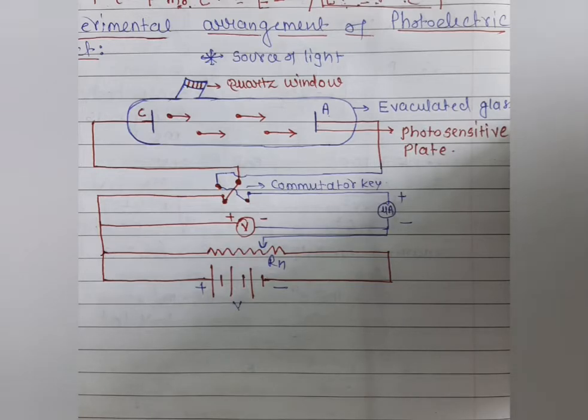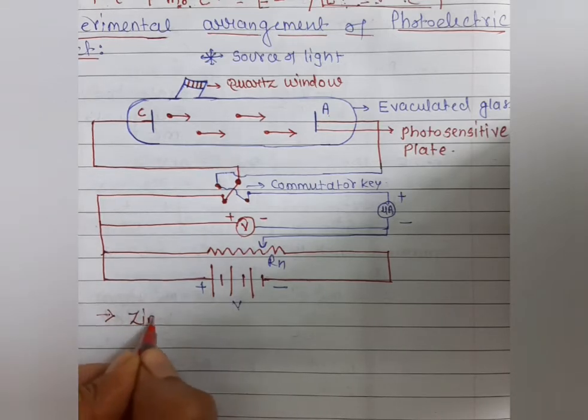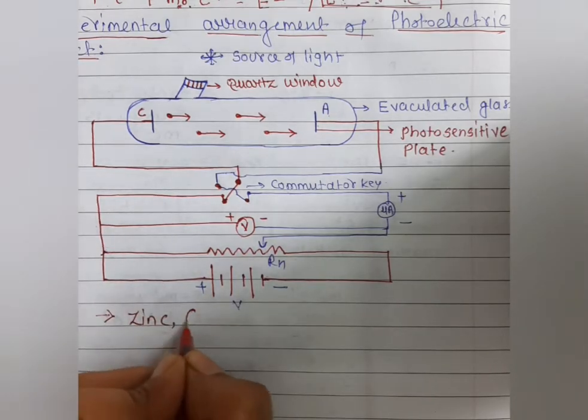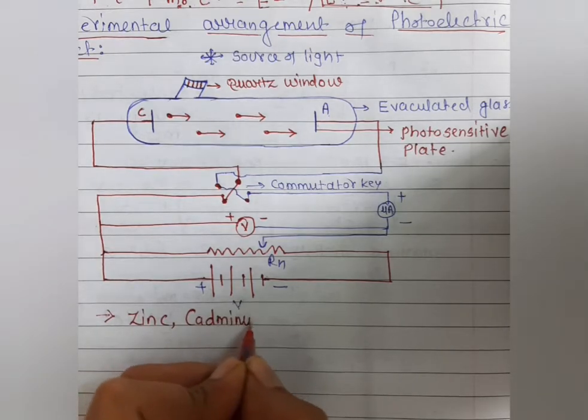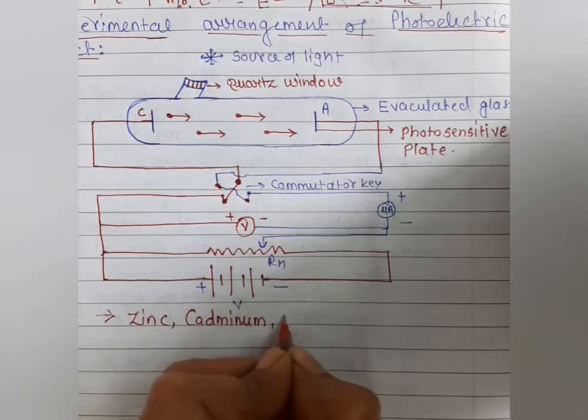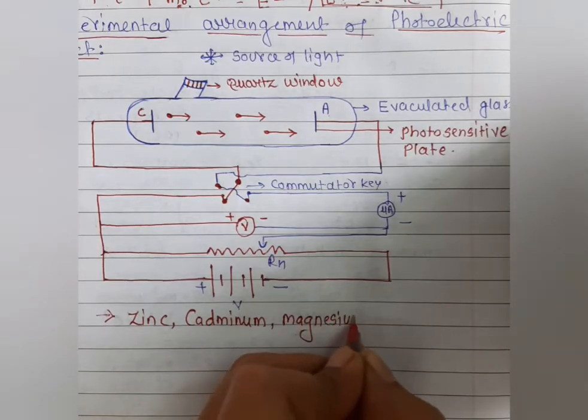And we found, students, that certain metals like zinc, cadmium, magnesium respond only to ultraviolet light. Yes, here I can give the points: zinc, cadmium, magnesium.